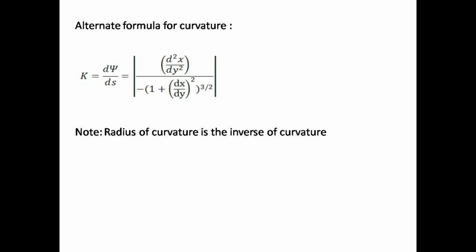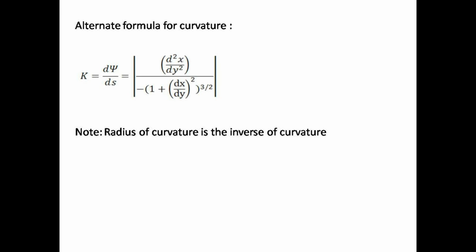Now we see an alternate formula for curvature. You can see that the structure of this formula resembles the earlier formula, except that there are some changes in the numerator and the denominator.